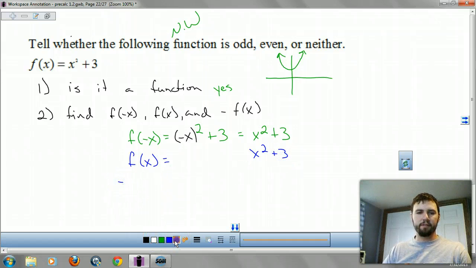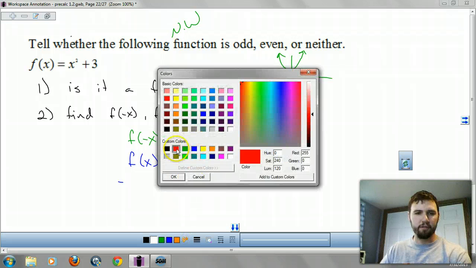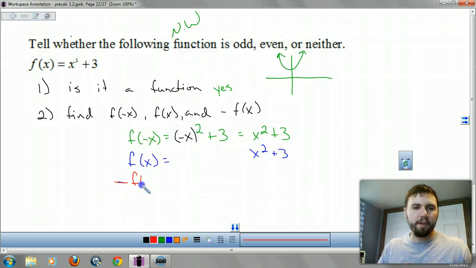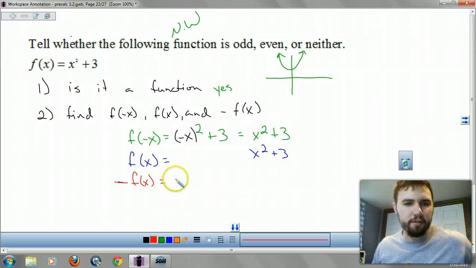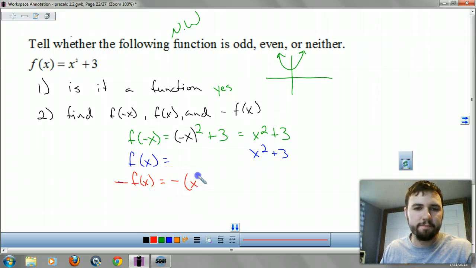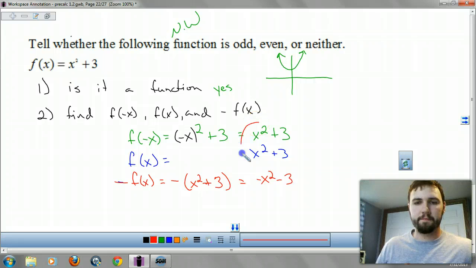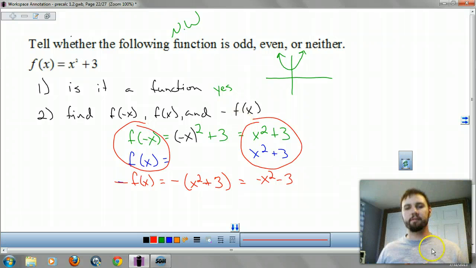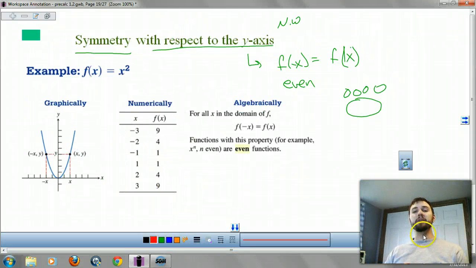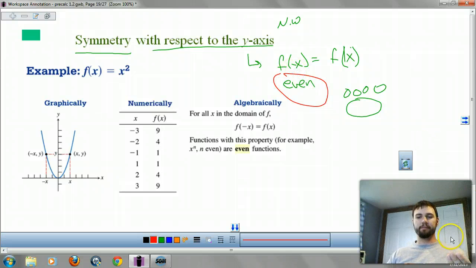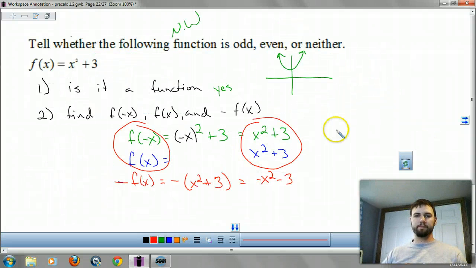And my negative f of x, let's do good old-fashioned red, equals, well, you put your negative out in front, right? Okay? So do any of these two equal each other? Yeah, these two do. So my f of negative x equals f of x which tells me I am even. So this is even. Okay?